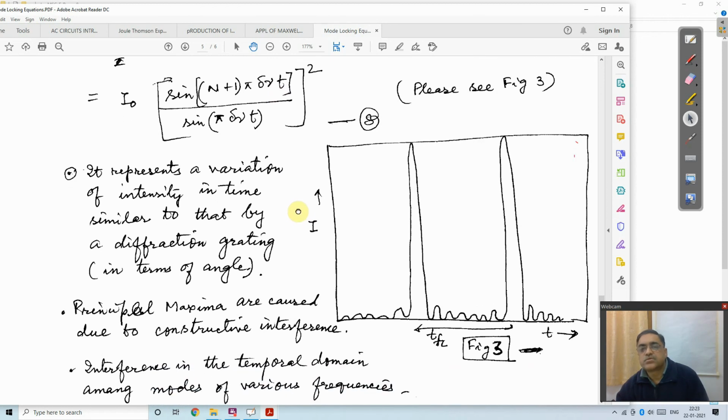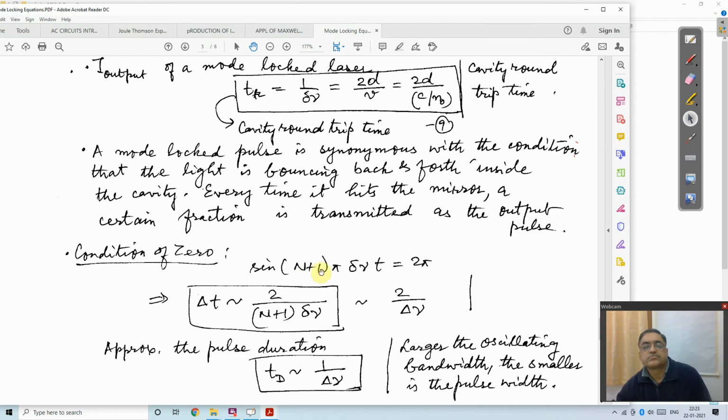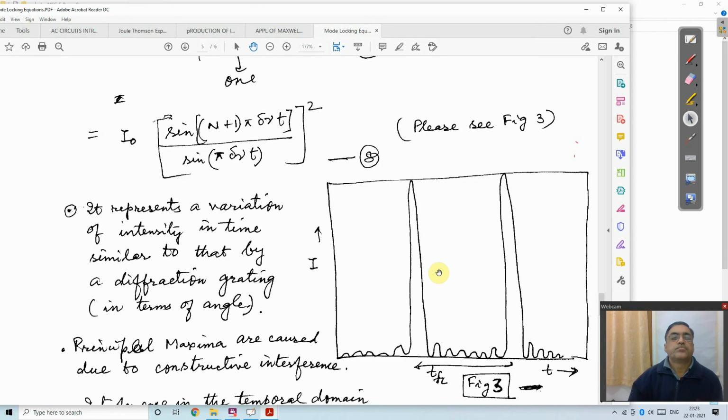That is, t is not 0 and delta nu is not 0. So equating it to 2 pi, because pi is going to give both the factors equal to 0.